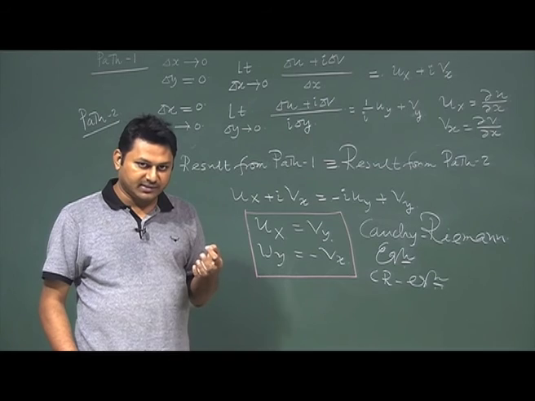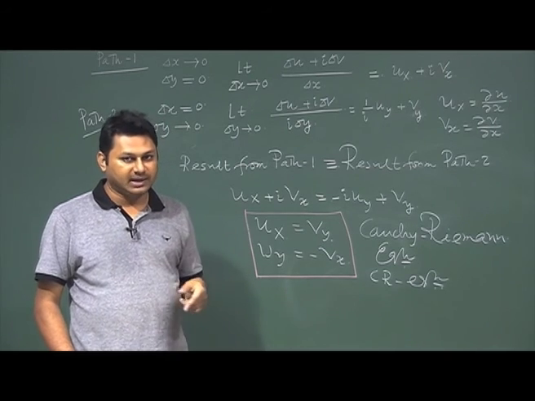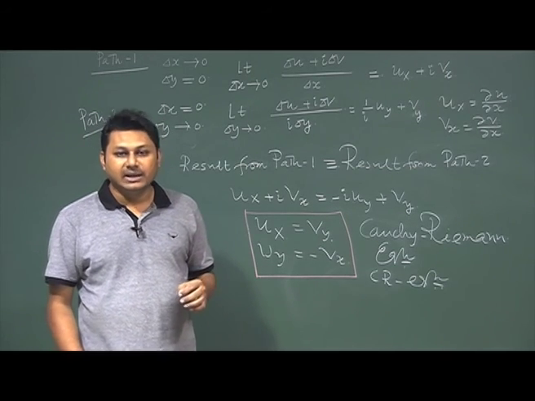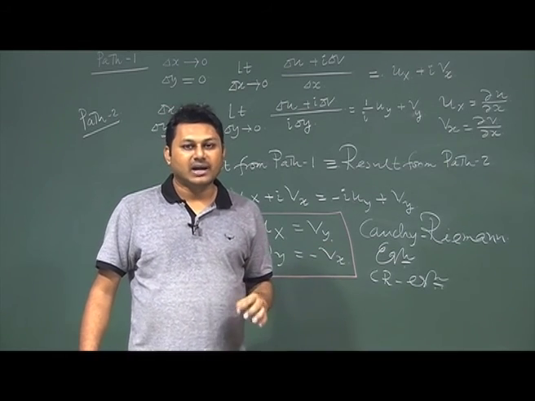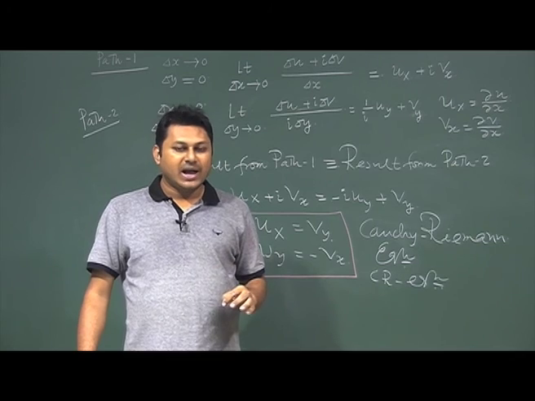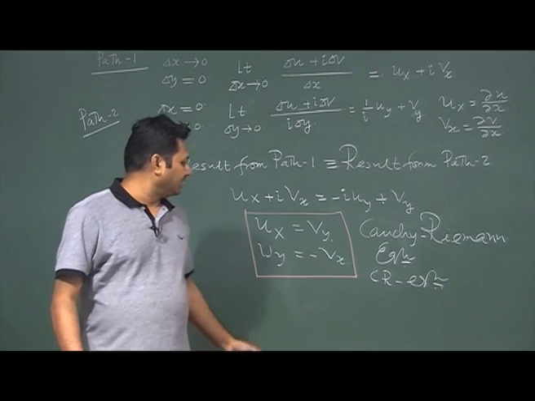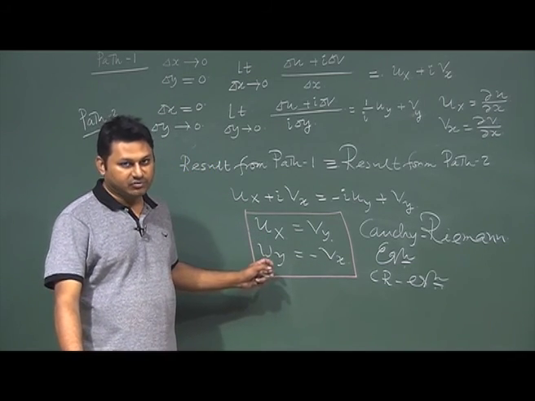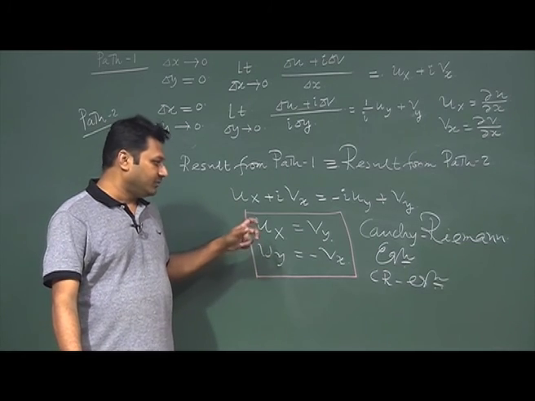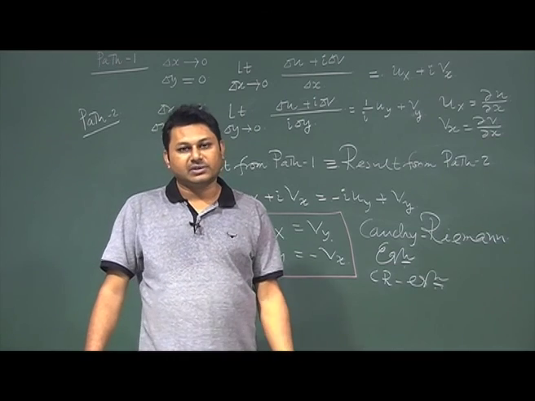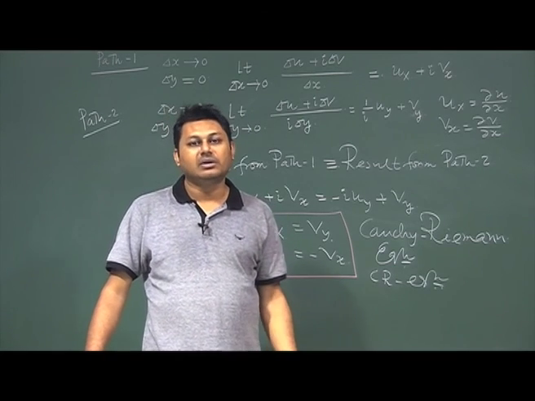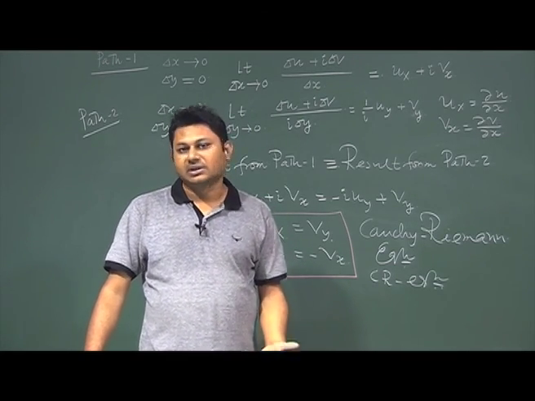If a function has a derivative at a particular point z and in a neighborhood of z, then this function has a special name in complex analysis terminology. It is called an analytic function. So, in order to have an analytic function, this condition must be satisfied. In the next class we will see how the analytic function behaves, and what the exact meaning and definition of an analytic function is.